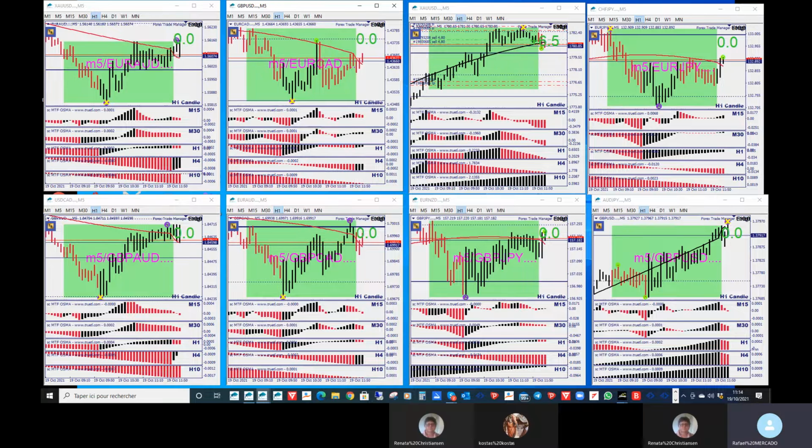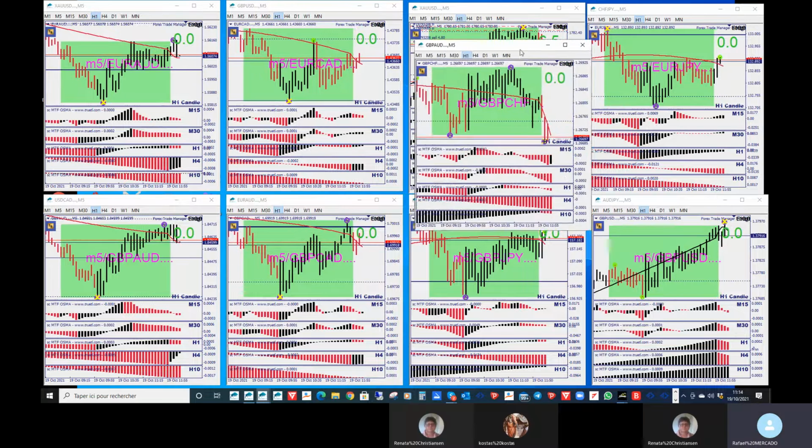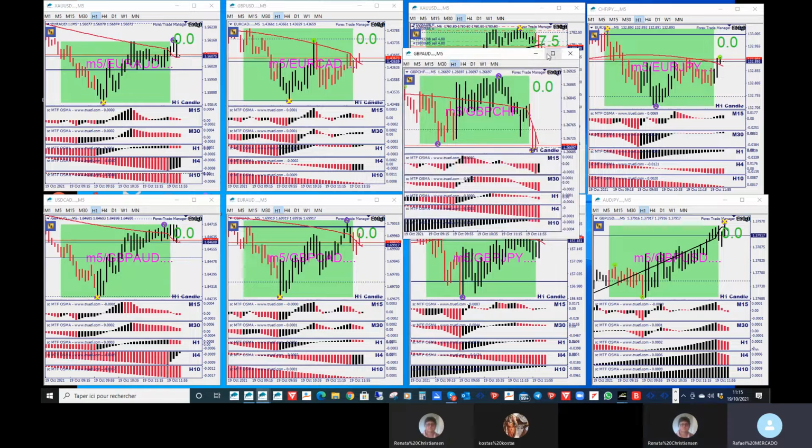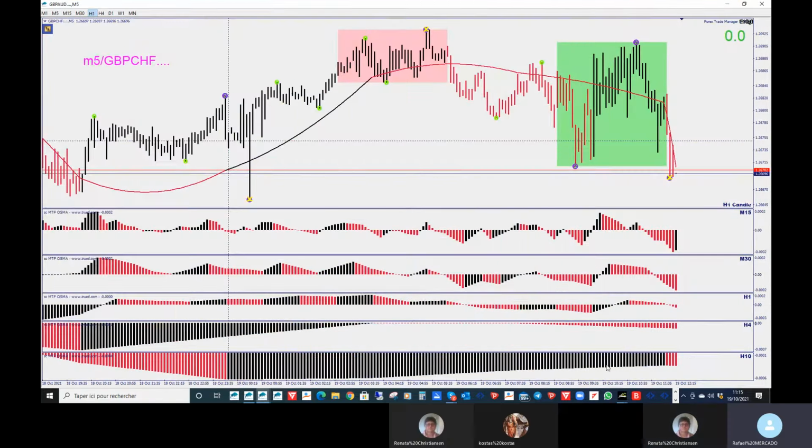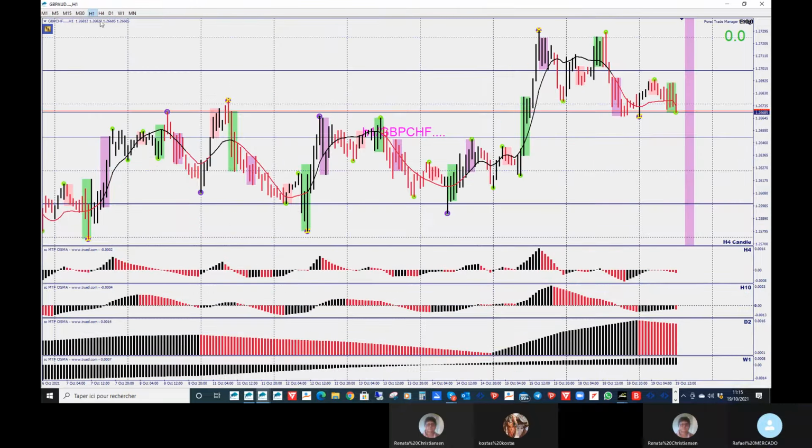Pound Swiss, I wasn't seeing it until now. With the 4-hour, this is a good one for a long-term trade. This is the 1 hour. So if we enter here, it's a 26 pips stop loss.